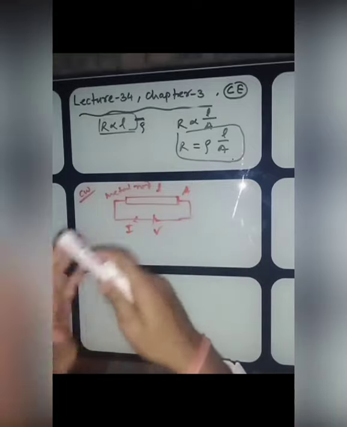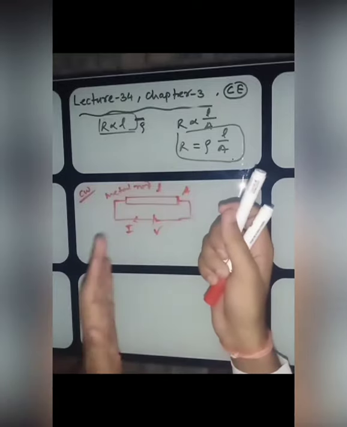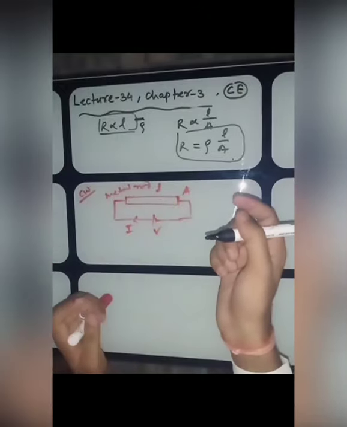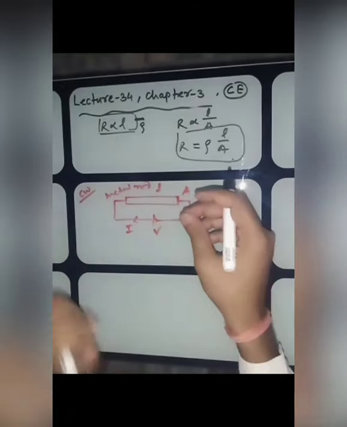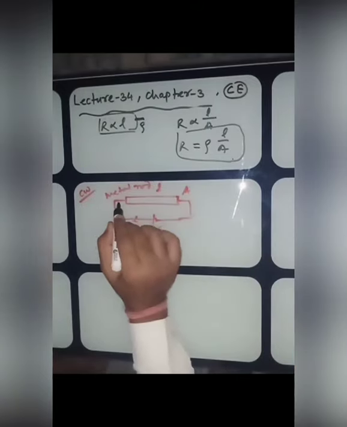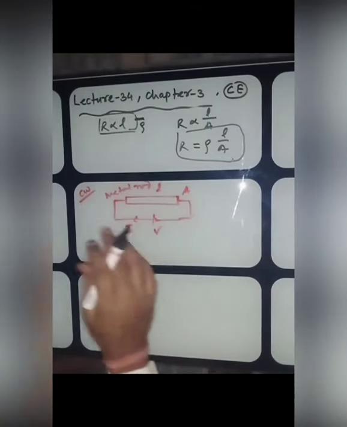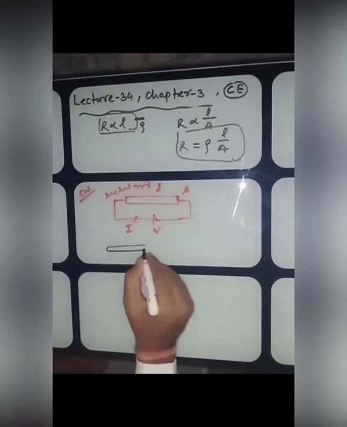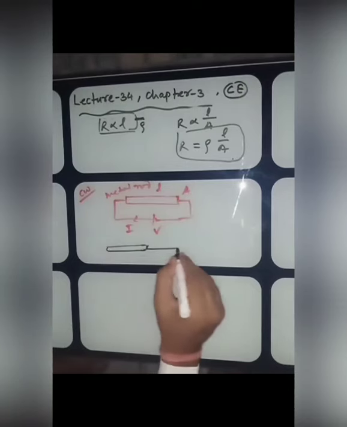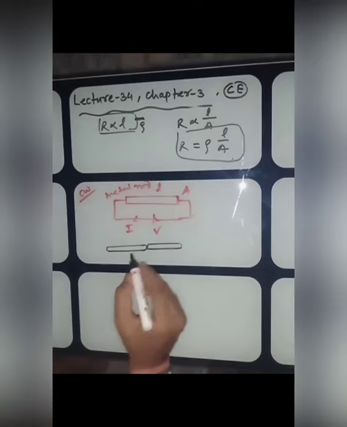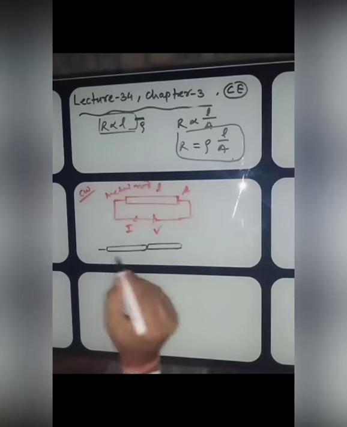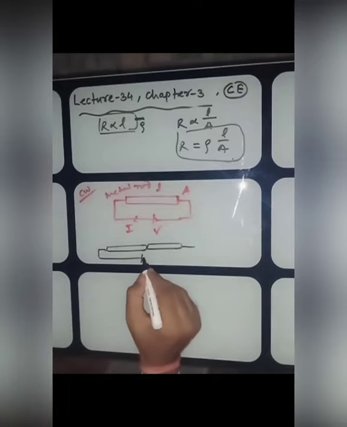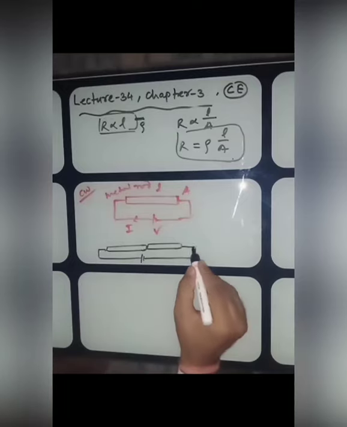Now this conductor is cut parallel to its length, and both sections are connected end to end like this. It is cut lengthwise, parallel to the length, and then connected in this way, and then it is connected to the source, my dear student.